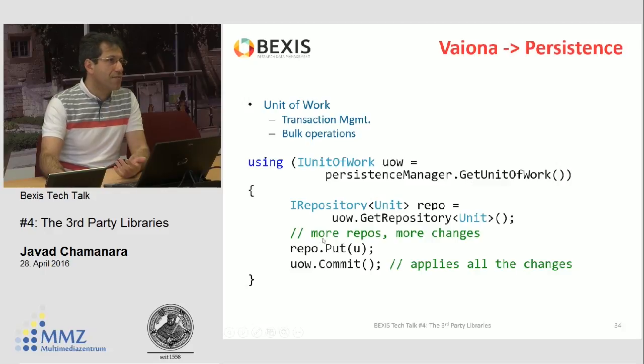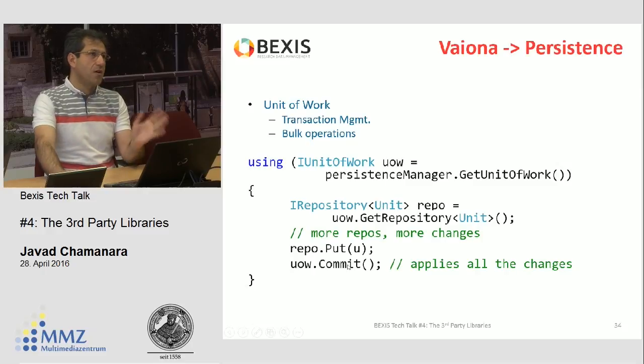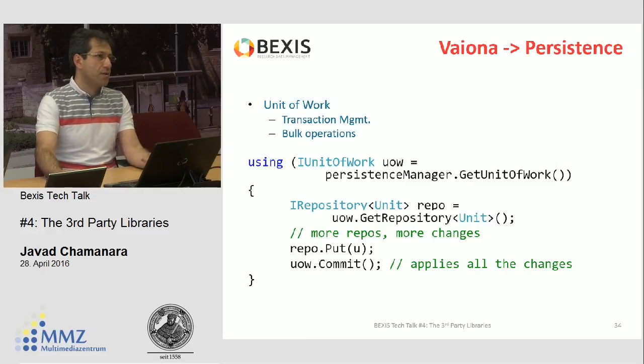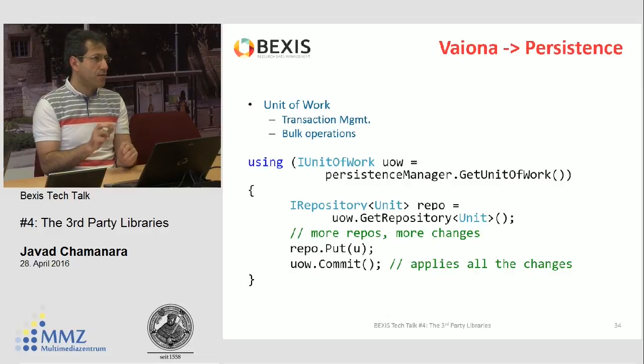So you could have multiple repositories, deleting different things, adding different things, or manipulating different things, and this commit has a trace of all of those changes. And when you say commit, all those changes are committed into the database in terms of one transaction. So either all of those changes are committed to the database or all of them will be rejected.